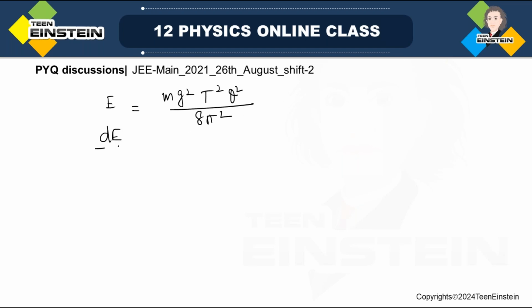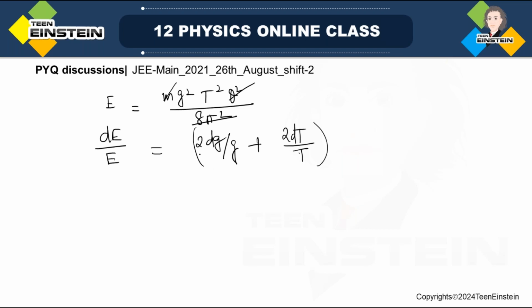That means del E by E. Okay. So considering m, theta, and this is obviously a constant term, so I can actually write 2 dg by g plus 2 dt by t.